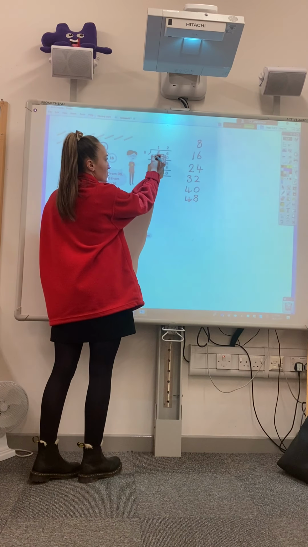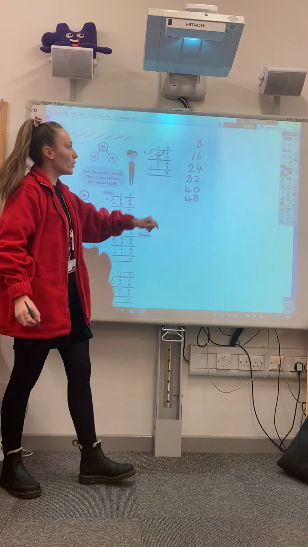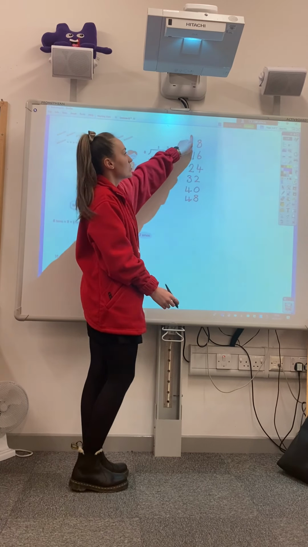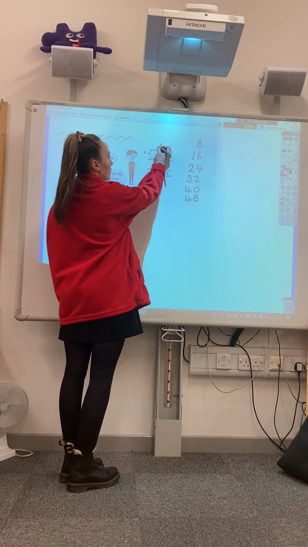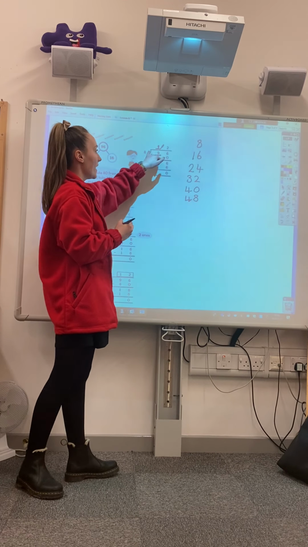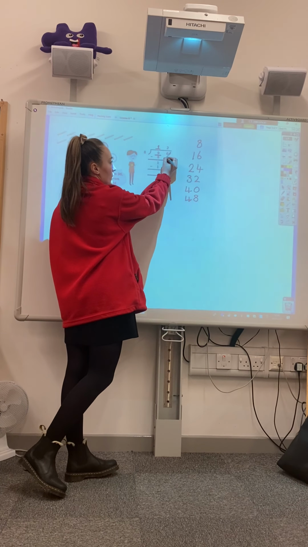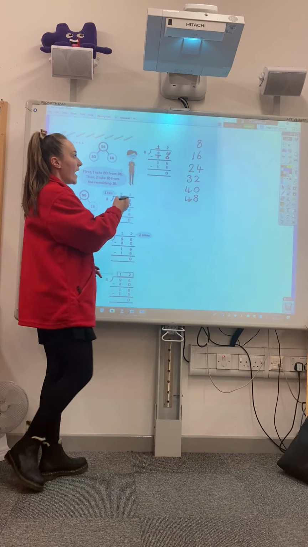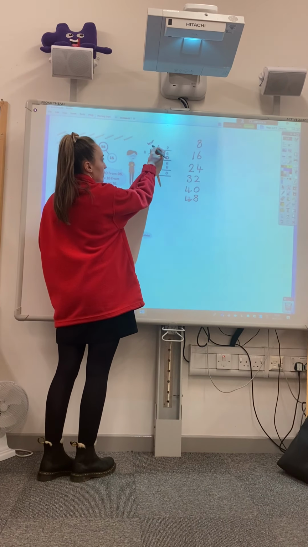And we know that 9 is not in the 8 times table, but if we've got 8 here and 16, 16 is too many, so we know that 1 eight will go into 9. And then we're going to put a 0 in the ones column to help us like we did with our long multiplication method, and then times these two numbers.